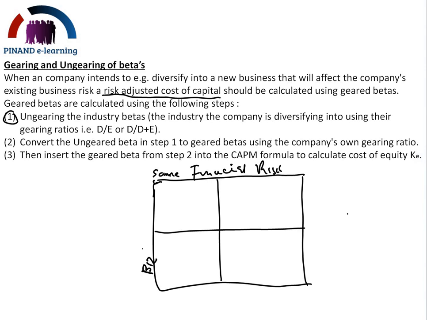Here I will say same, and here let me put change.